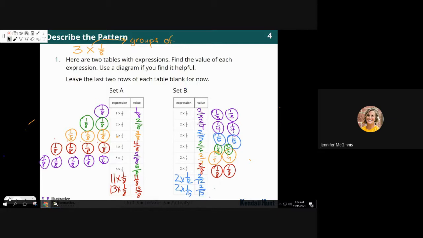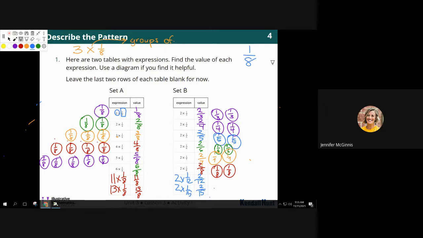Very good. So you knew that each expression had a whole number, these whole numbers. And then this is called a unit fraction, everyone. A unit fraction is any fraction with a numerator of 1. So each one of these had a whole number and a unit fraction. And the whole number is the same as the numerator of the value.